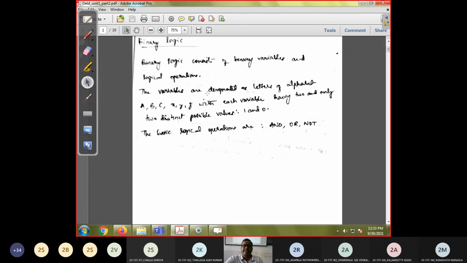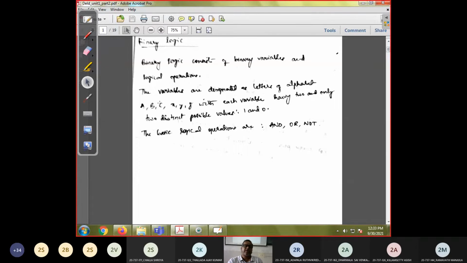These variables can be represented using any letters of the alphabet. I can represent the binary variables as capital A, B, C, or using small letters as X, Y, Z. So what do you mean by a binary variable? Any variable which can take only two values is called a binary variable. It can take either the value 0 or the value 1.